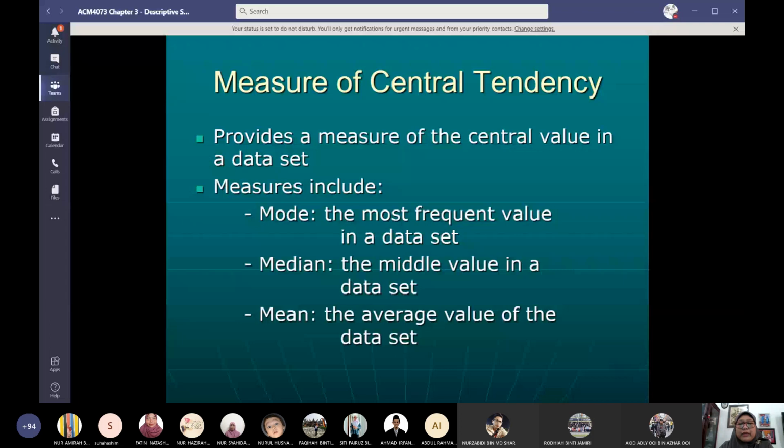What do we mean by mode? This is the most frequent value in the data set. Yeah. Let's look at age. When you key in the age, there will be one set of numbers that appears more than the others, appears higher than the others. 16, for example, 16 years old.